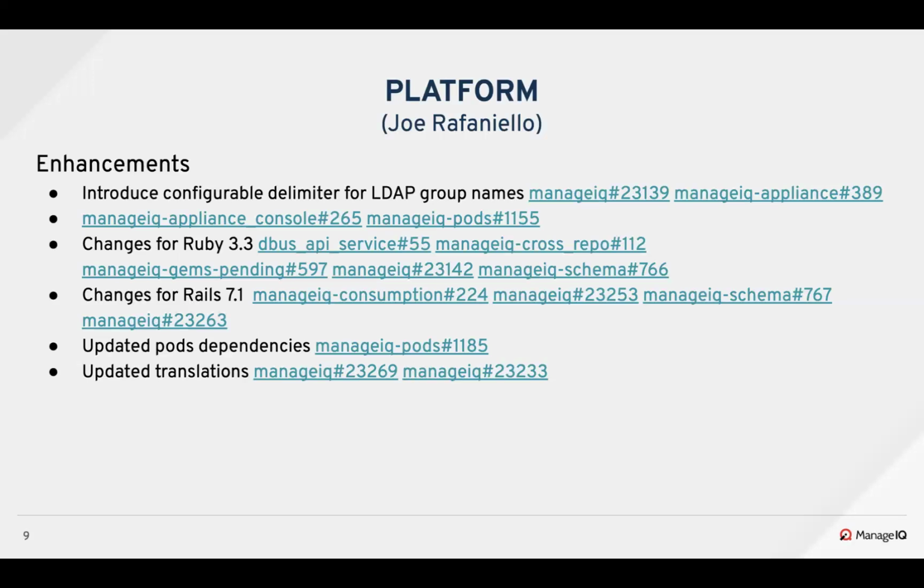Some of the changes this sprint included JSON fixing a dbus API service and gems pending to add Ruby 3.3 in the testing matrix. Adam bumped the cross repo test to also test with Ruby 3.3. Keenan made some changes in core to use 3.1 and 3.3 in our testing on the main repo.